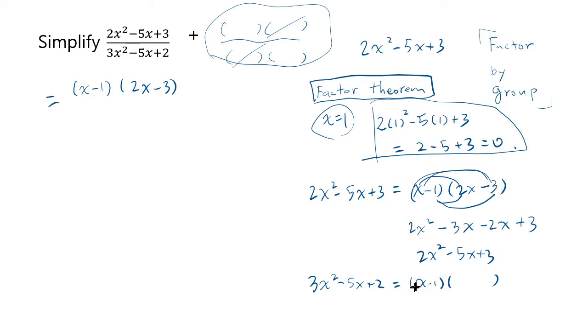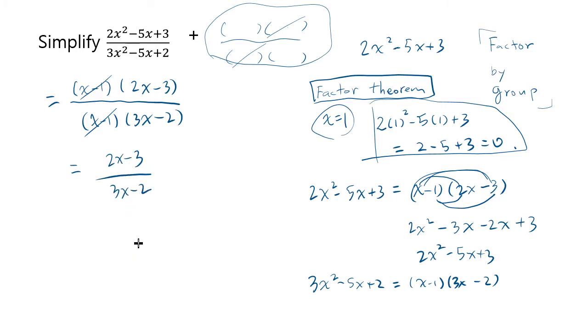And what is that something? x times 3x should give you 3x squared, and negative 1 times negative 2 should give you positive 2. And I'll leave it to you to check that if you expand this, you get the left side. So the bottom becomes x minus 1 times 3x minus 2, and x minus 1 cancels, and you get 2x minus 3 over 3x minus 2.